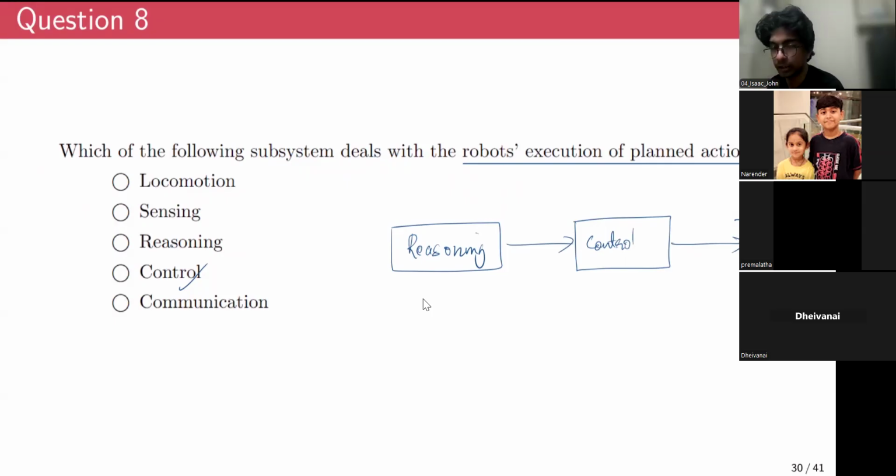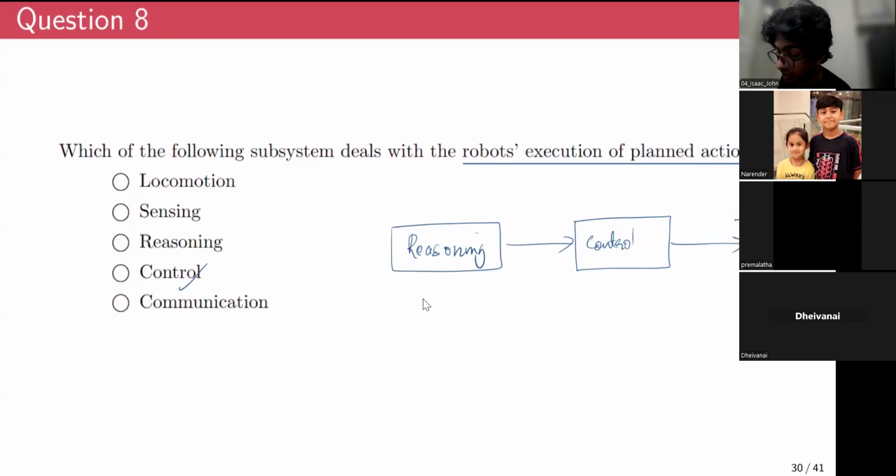Based on what it gathers from its reasoning, it will devise a control strategy. How much speed should I provide to each of the wheels? How much steering angle should I provide to each of these wheels? Once the controller has made this decision, it will pass on the control inputs, giving instructions directly to the motors so that the robot can actually start moving.